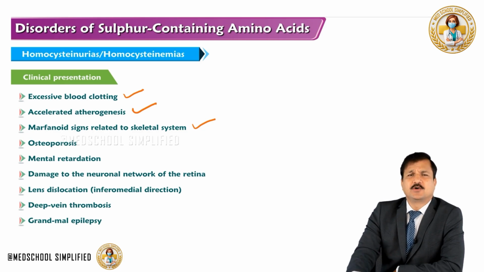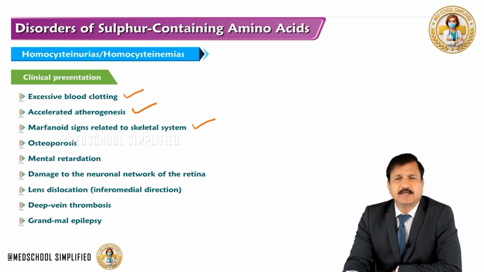Like Marfan syndrome, they will show arachnodactyly, disproportionate body, then pectus excavatum, pectus carinatum, unusual stretch marks, high arched palate. These are some of the skeletal manifestations of homocystinemias, which are very similar to Marfan syndrome clinical signs and symptoms, especially related to the skeletal system. That's why here I have mentioned it as Marfanoid signs.